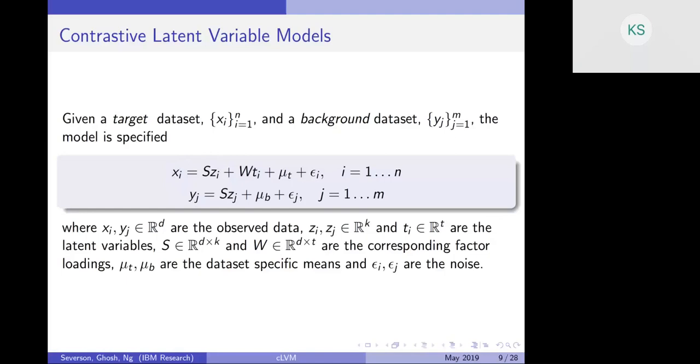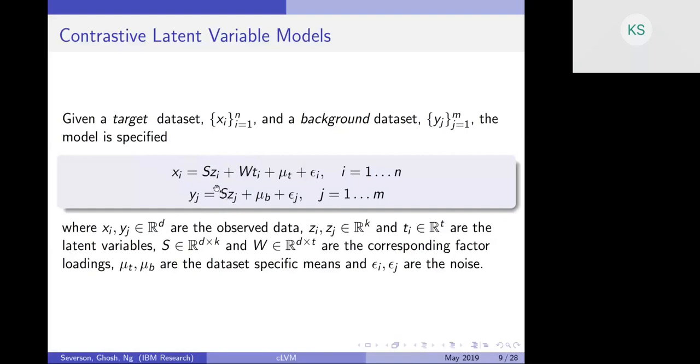What we're going to do is project this data into two spaces. For the target data set, we have a shared space and a private latent space, whereas in the background case, we only have the shared space.